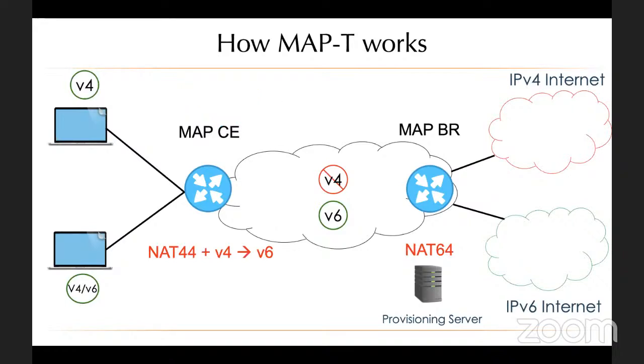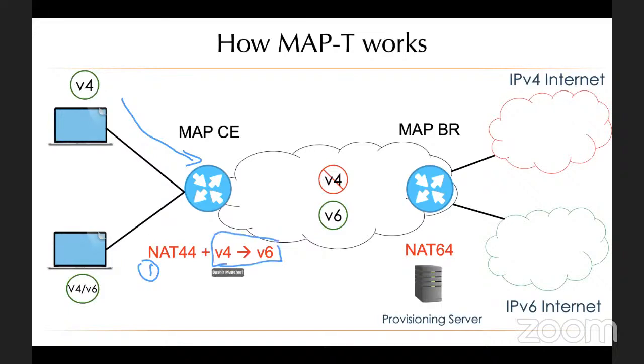So the v4 packet hits the CE, right? Then we do NAT. NAT would be done first, as usual. So we translate from private to public. And then after doing NAT, we now do the translation from v4 to v6.